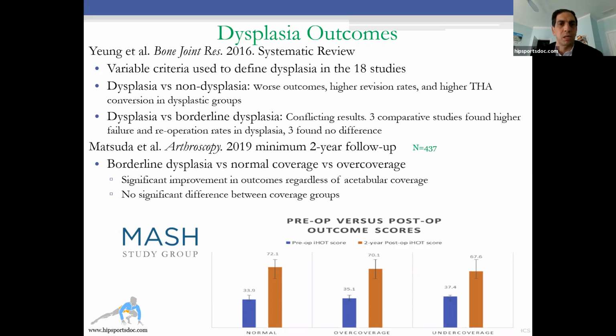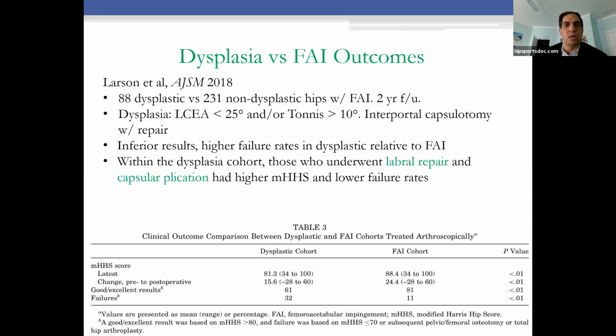Our study group in 2019 did minimum 2-year follow-ups comparing borderline dysplasia normal coverage versus over coverage, and there really wasn't any difference noted between the coverage groups in terms of ultimate outcomes when treating the pathologies as a standard of care. Dysplasia versus FAI, a study by Chris Larson looking at dysplastics versus non-dysplastics.